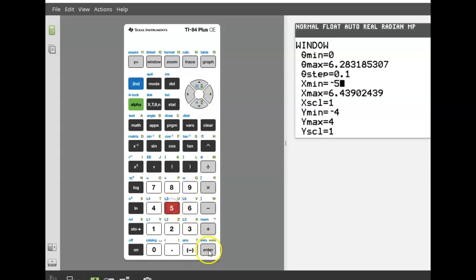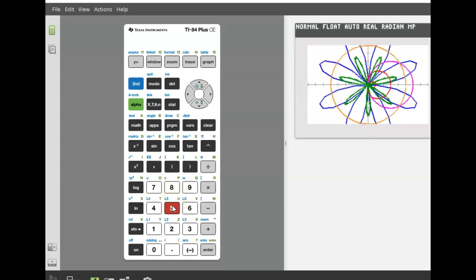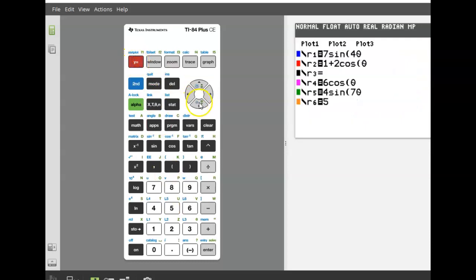And I think the quiz says -5 to 5. And then -5 to 5. And then finally do a zoom square so that they look right. Zoom 5. Oh, I have some other all in already. But if I take all those out, then just pick any one of them.